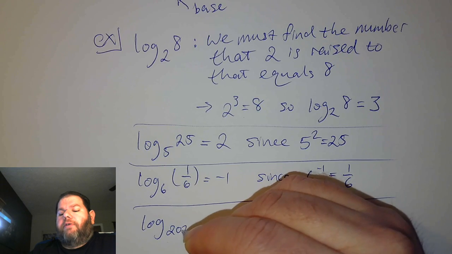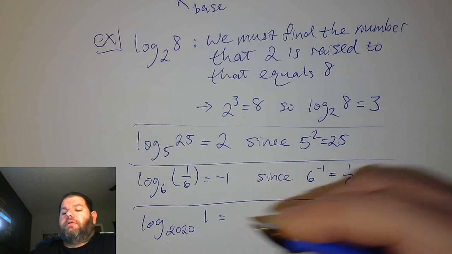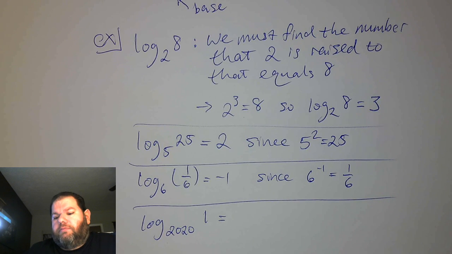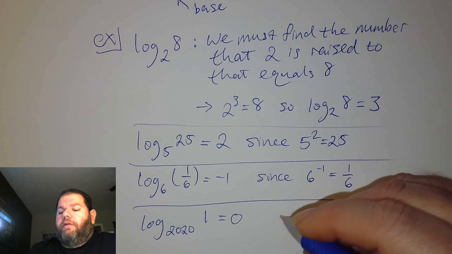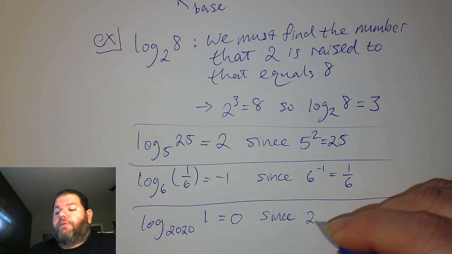Log base 2020 of the value 1. Zero. Right. Because anything to the 0 power is equal to 1.